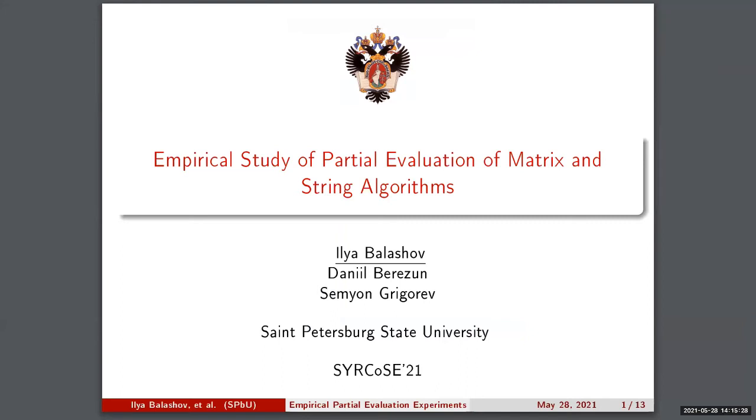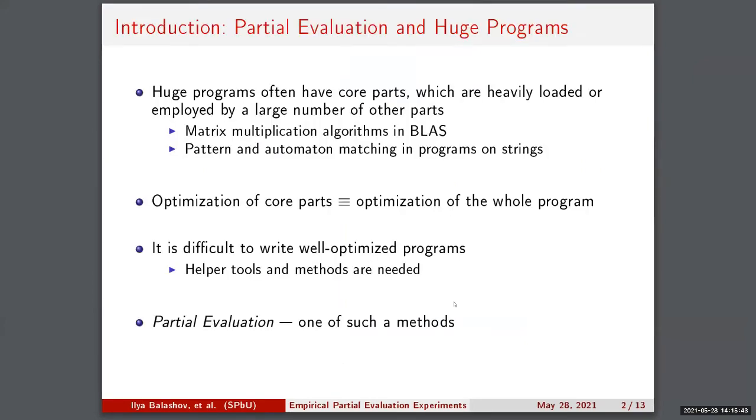That's right. Hello, my name is Ilya Balashov, and in this report, it will be an honor for me to tell you about our research work named Empirical Study of Partial Evaluation of Matrix and String Algorithms. To begin with, I should mention that many huge programs or libraries have some main hot parts which are always under heavy load, or on which a lot of other paths depend.